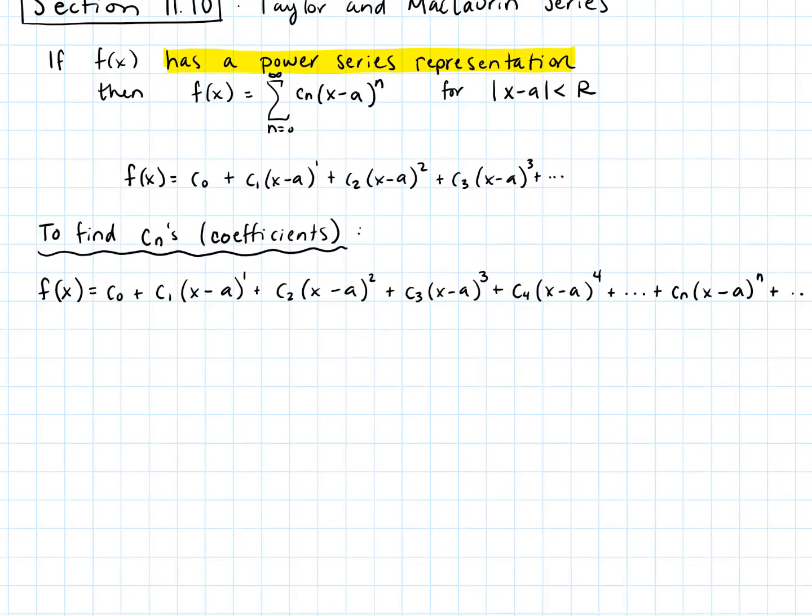Well, we're going to start by taking derivatives. This is an infinite polynomial, so we can take the first derivative, f prime of x, and when I do that, the constant, of course, goes to 0.